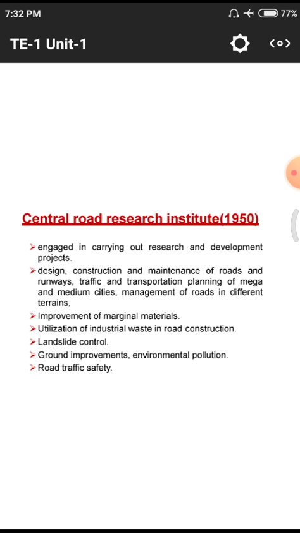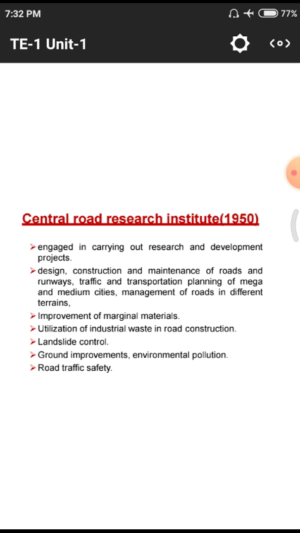Next one is the utilization of industrial waste in road construction. Nowadays we have different kinds of industries based upon the manufacturing process. First of all we will discuss industrial waste. Industrial waste means we have a huge number of NTPCs, that means National Thermal Power Corporation.